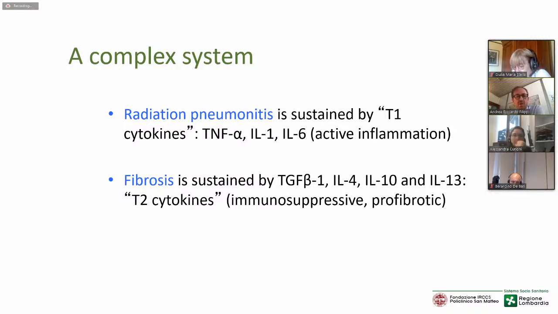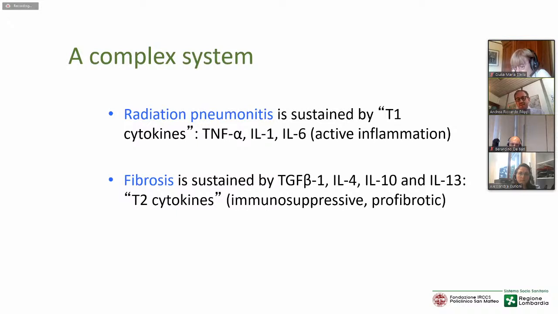What we are most interested in are the T1 cytokines because, again, as Dr. Stella and Dr. Curioni said, there is a role for this cytokine storm also in COVID-19 pneumonitis, and interaction with the inhibition of the PD-1, PD-L1 axis may again interact with radiation effects, which are pro-inflammatory at some dose, and if they are very localized, maybe also immunosuppressive or immune activating, depending on the volume of lung that is irradiated, the fractionation, and some other factors, such as, for example, the use of chemotherapy or immunotherapy.